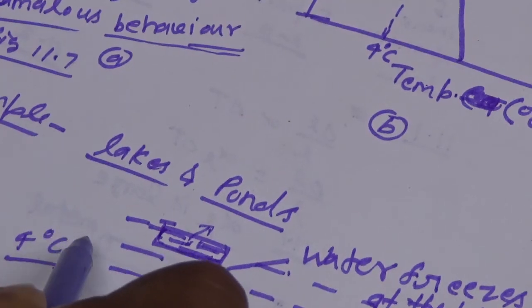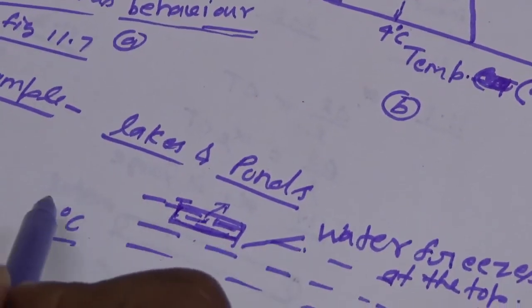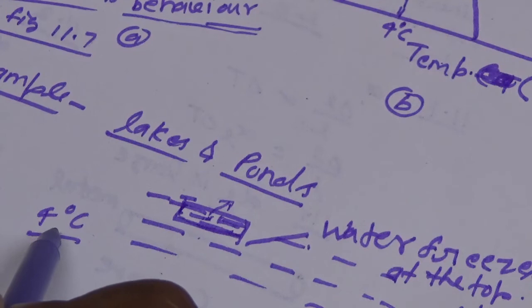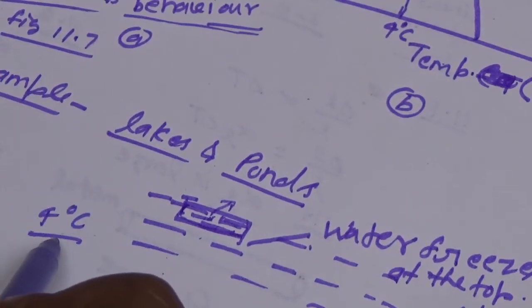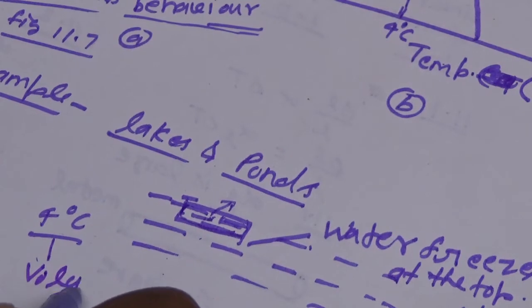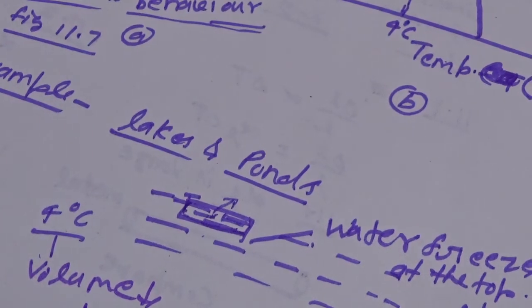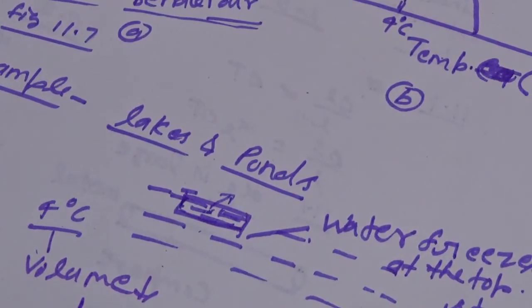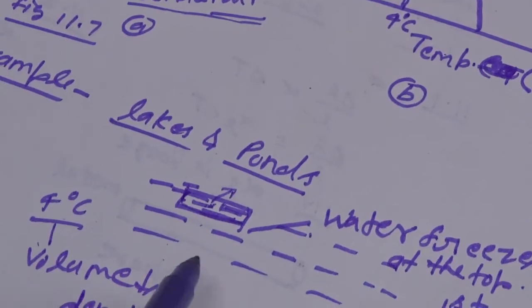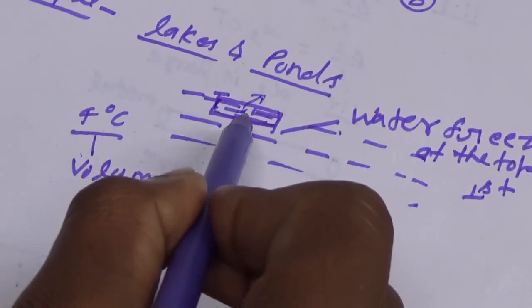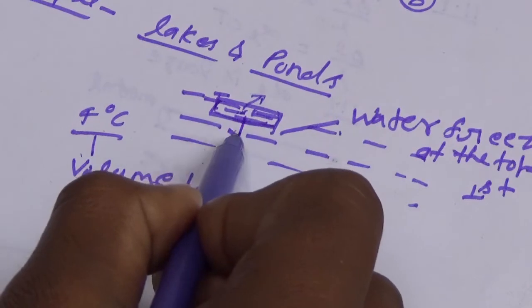If it goes towards 4 degrees Celsius, then its volume decreases, and if its volume decreases, then density increases. If the density of this amount of liquid increases, then it will go downward.